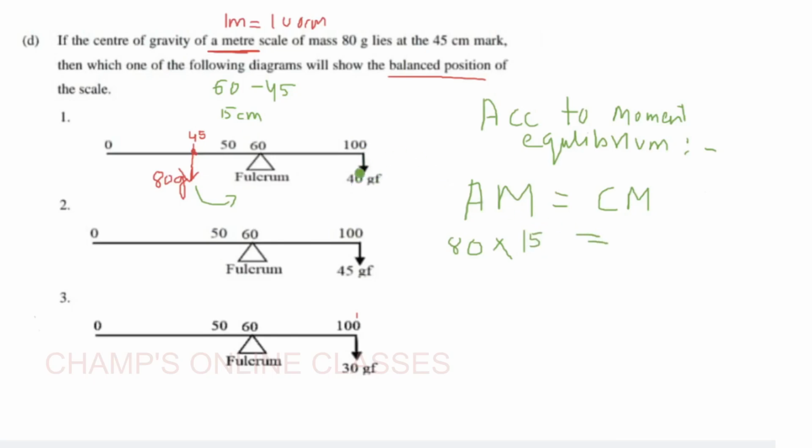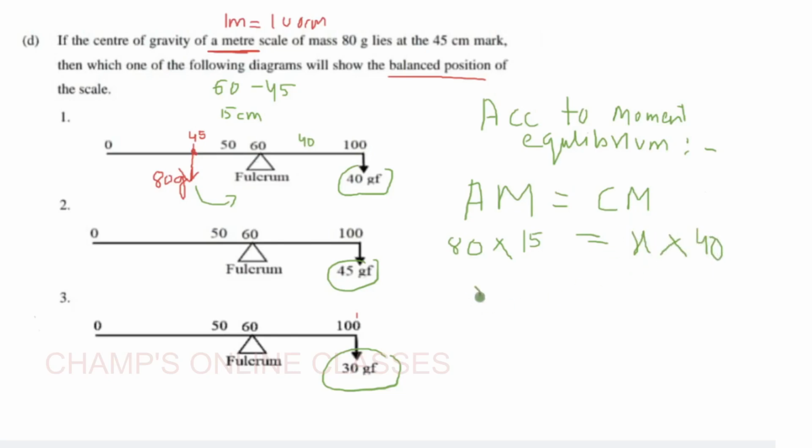Now on this side, we don't know this force, so let's take it as x. The distance is common for all the three, so that is 100 minus 60, that is 40. X into 40.